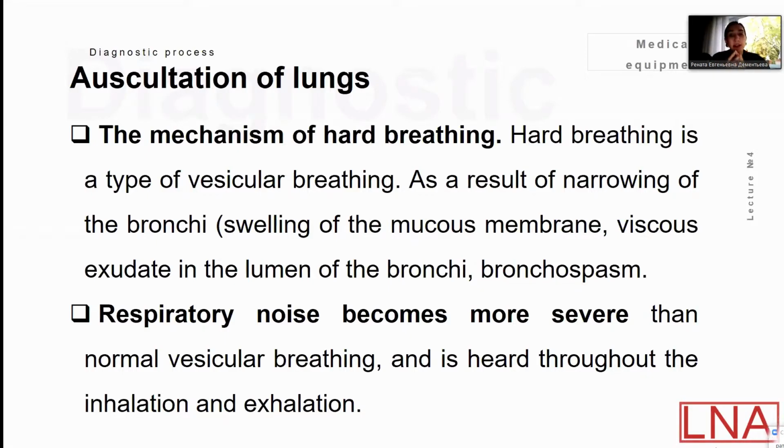All these reasons can unite at one moment or be separate. So the respiratory noise becomes more severe. It's not like a heavy sound, but more severe than the sound of normal vesicular breathing, and is heard throughout inhalation and exhalation. The main difference is the similar duration of the phases of inspiration and expiration.